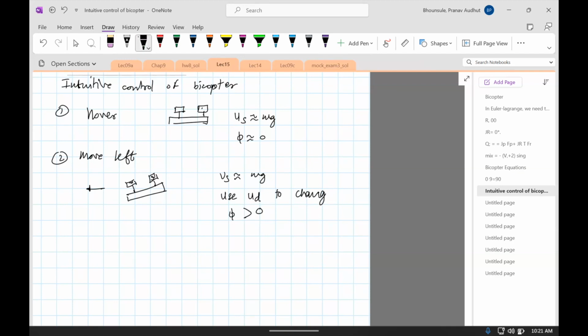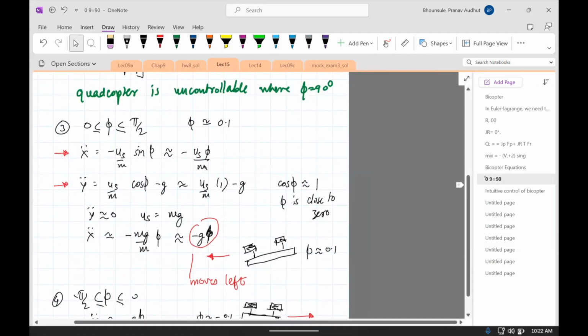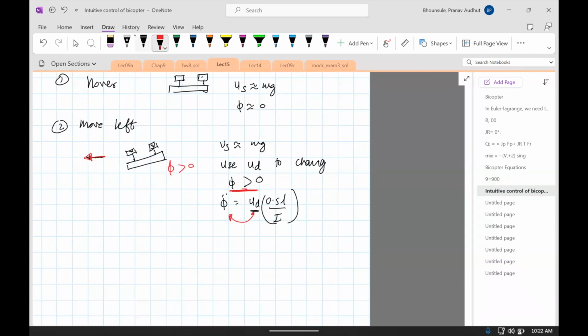So when you use ud, because phi double dot is ud times 0.5 L divided by I, commanding ud has a direct effect on phi. So if you increase ud, phi will change, which means that phi can be made positive or negative. But the moment you change phi to be greater than 0, it'll start accelerating towards the left, as we've seen previously. When phi was close to 0.1, you saw that it accelerates to the left. So that's how you can move to the left.